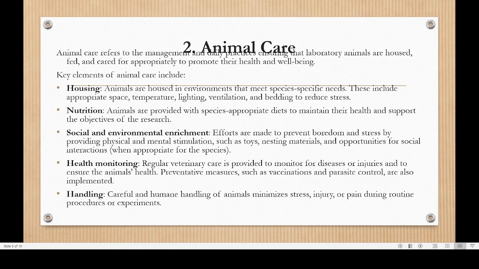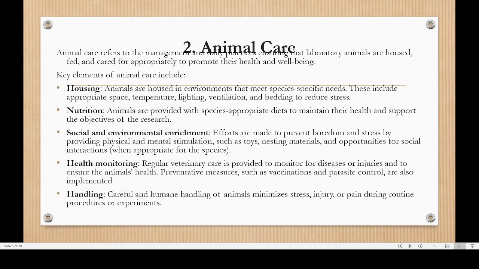Then health monitoring. Regular veterinary care is provided to monitor. For example, if there is any kind of disease, they should be given proper medicine and immediate care. The importance of that: if they have another disease while we are giving them some virus, along with that virus, if they happen to get another virus, like just a common cold, that will change the effect of the primary virus which we have introduced.